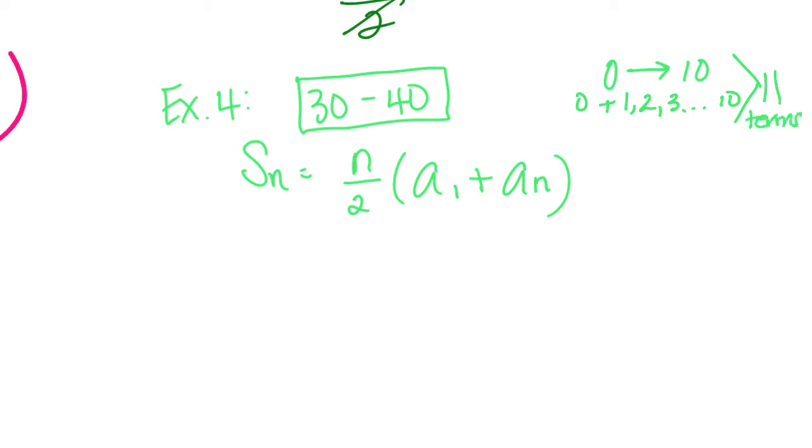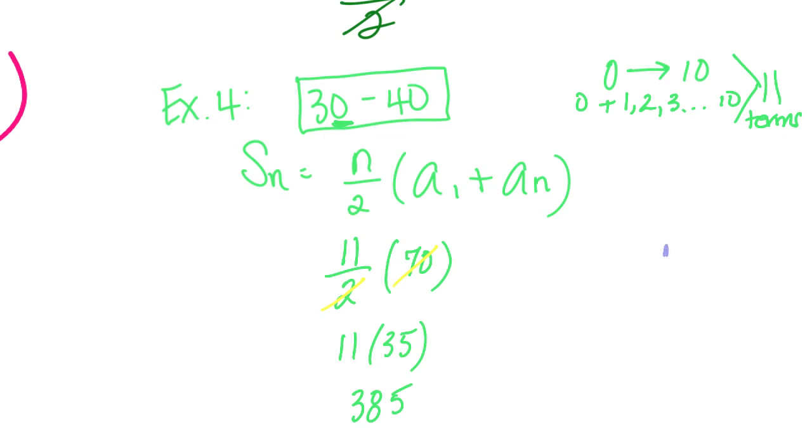So remember, from 30 to 40, because of that 0, there are 11 terms. If I take the first and the last, I have 70. I can cancel here, and I get 11 times 35. And 35 times 11 is 385.